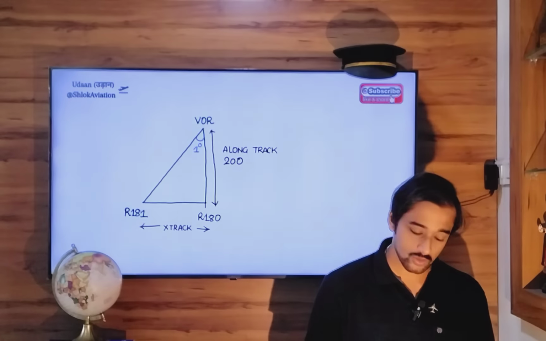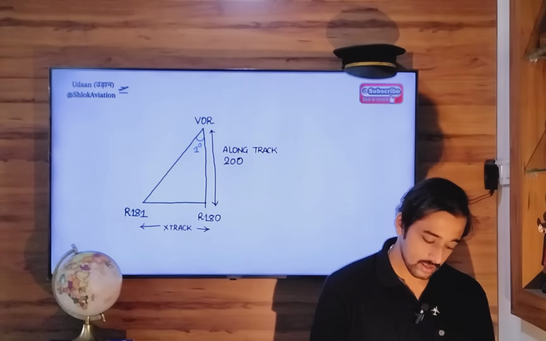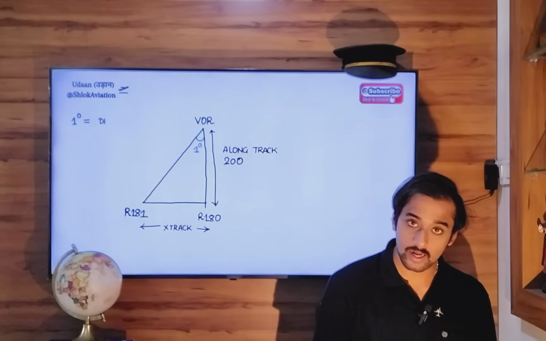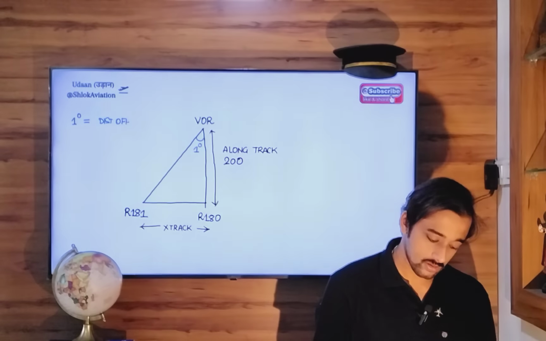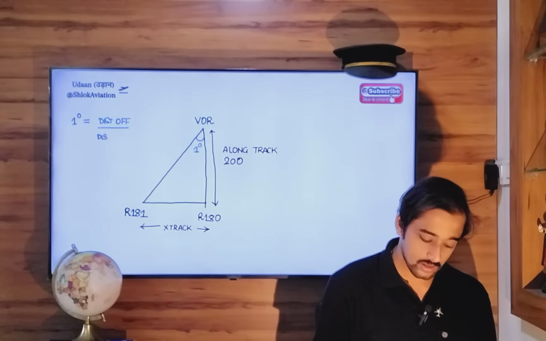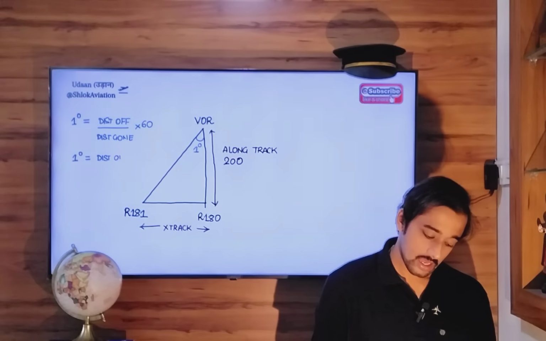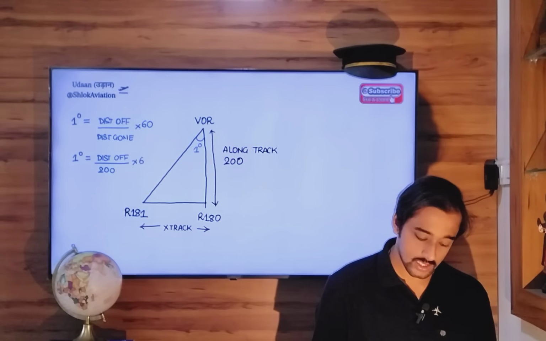Now let's use 1 in 60 rule formula. 1 degree equals distance off track, which we have to find out, divided by distance gone into 60. So 1 degree equals distance off track divided by distance gone, 200 into 60.